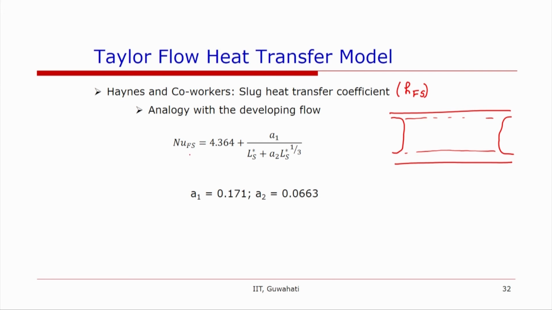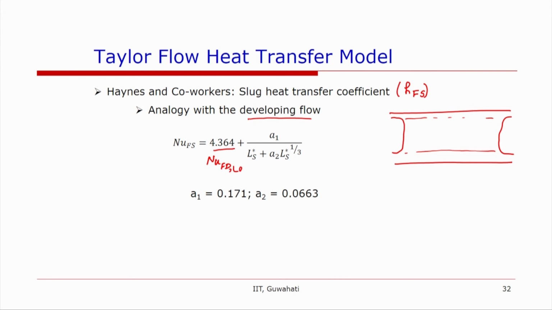So, a similar correlation that is used for the developing flow in the liquid only flow case, or liquid flow in the channel, is used, which for the H boundary condition is 4.364, which is Nu for fully developed liquid only, plus A1 by Ls star plus A2 Ls star raised to the power 1 by 3.